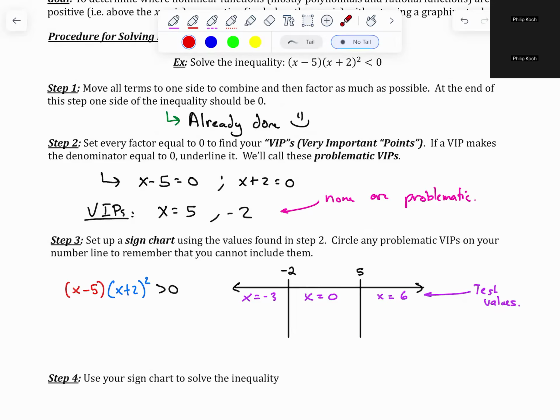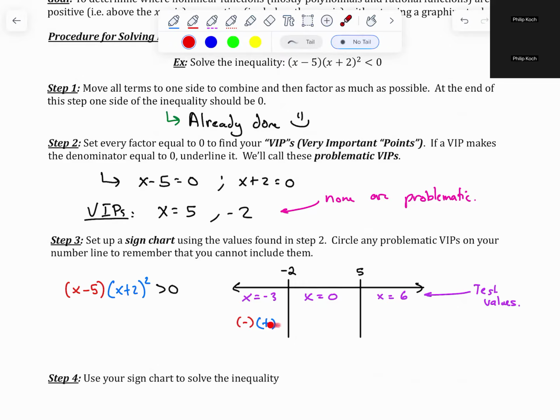So what I'm going to do is, with the factored version, I'm going to just worry about the sign. Negative 3 minus 5, that's going to be negative. So the reason why I've color coded it is to say that factor will be negative there. Negative 3 plus 2, that's negative, but it's being squared, so that results in a net positive.